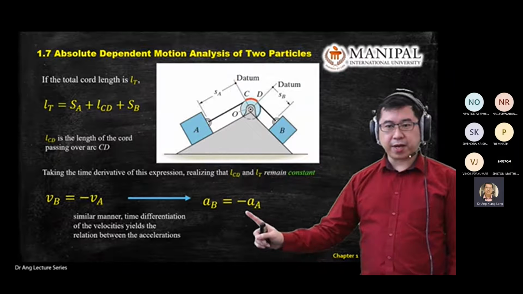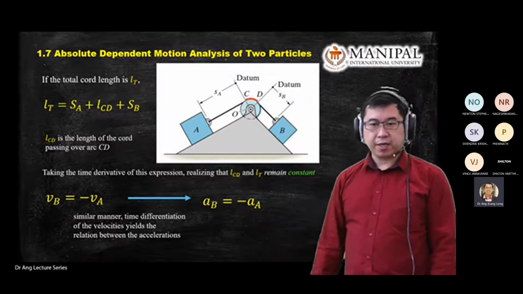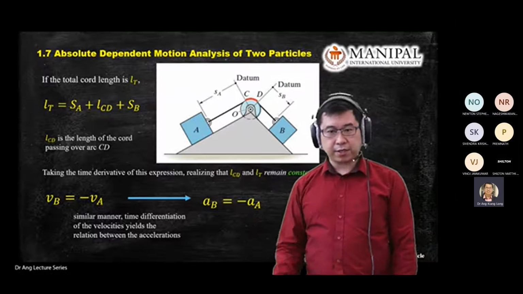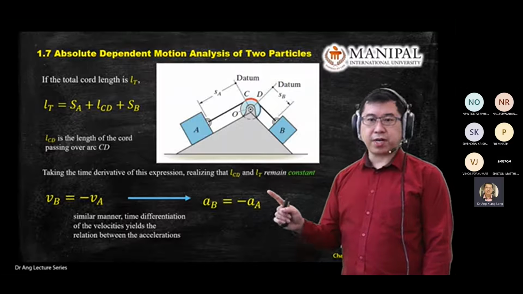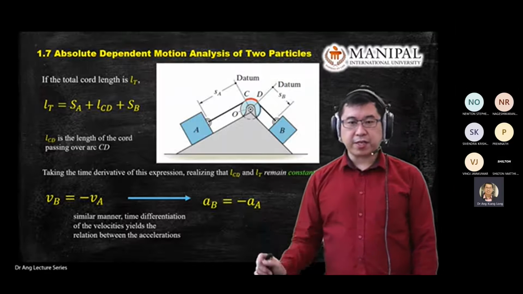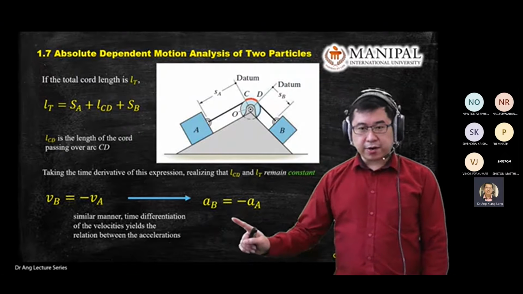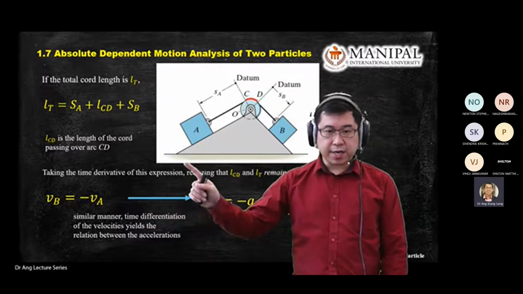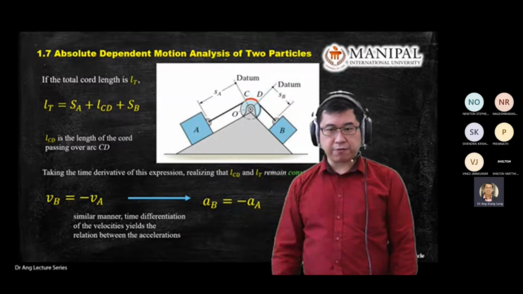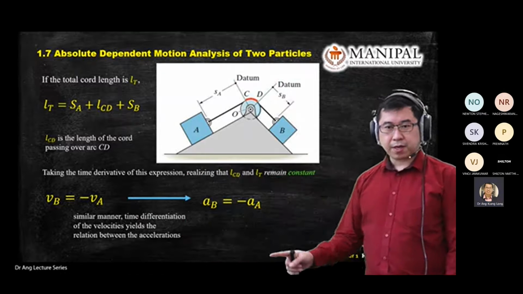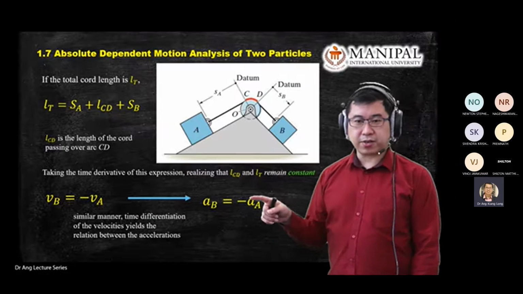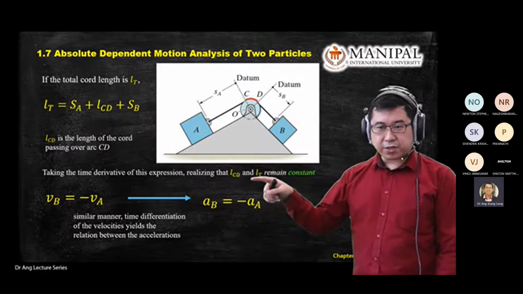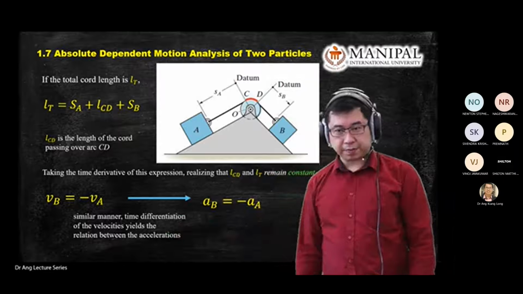You have a negative acceleration for A. In this case, the negative again is the direction of your acceleration, same with velocity, the direction of your velocity vector. It's not a deceleration, it's not slowing down, but it's the direction of your vector.